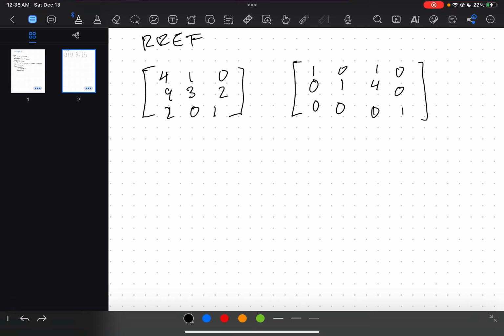And each pivot in each row is to the right of all previous pivots. So in this case, this is pivot, this is pivot, this is pivot. This one is a free variable.